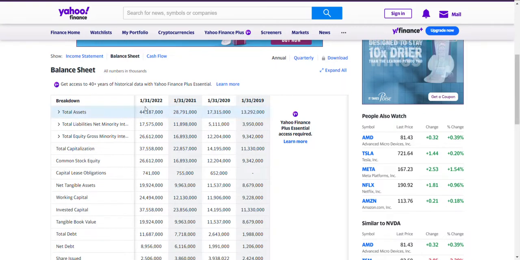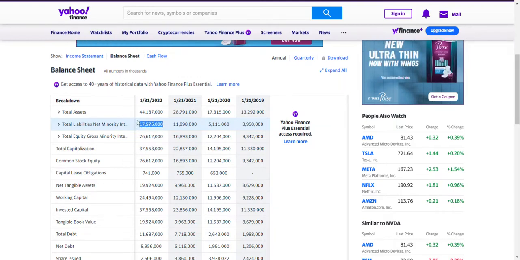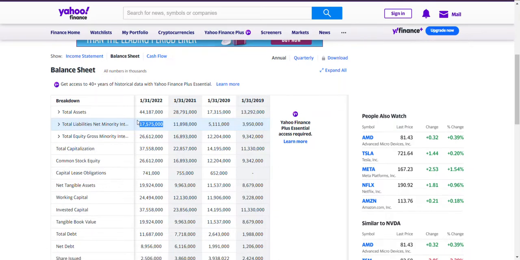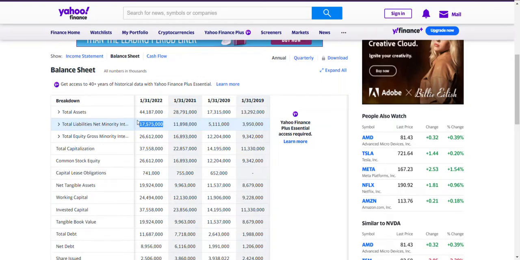That's a decent amount of assets, but minus liabilities, 44 minus 17, that'd be about 26, 27 billion left over. Close enough in the ballpark anyway. So it has quite a bit of assets left over, which means it's relatively safe. It's got a tad over double what its liabilities are.